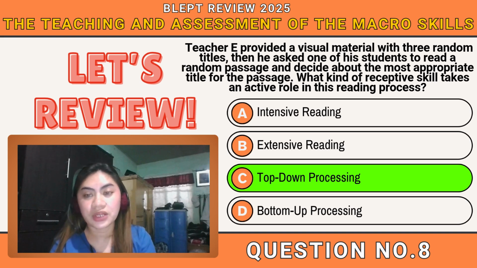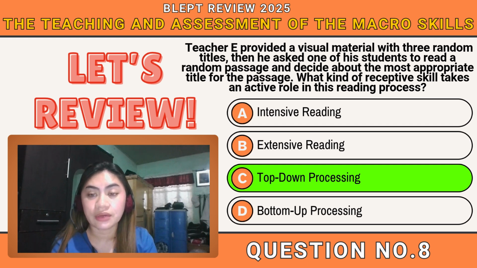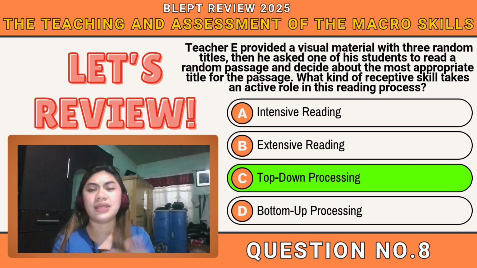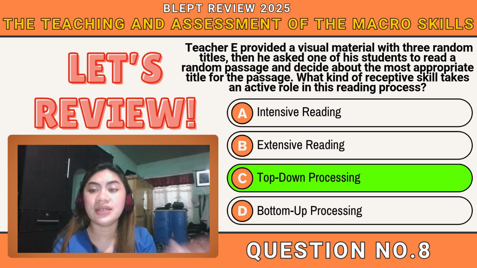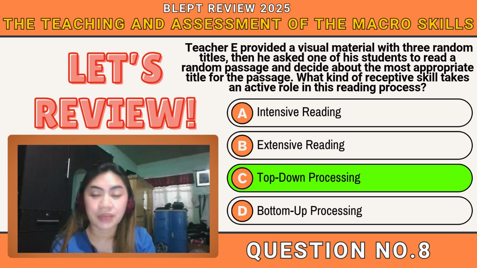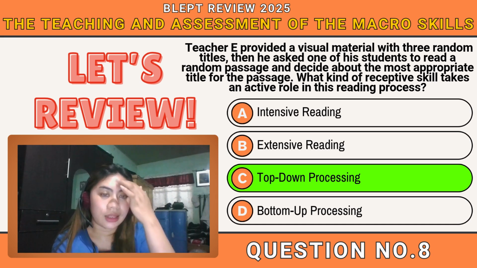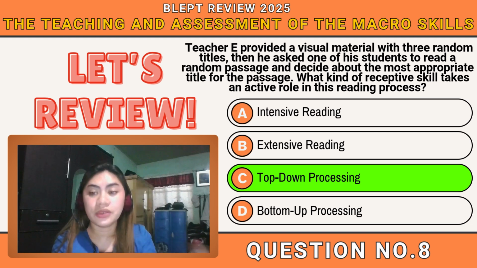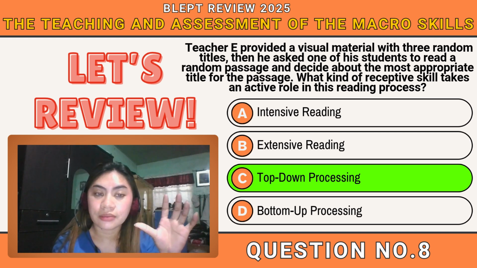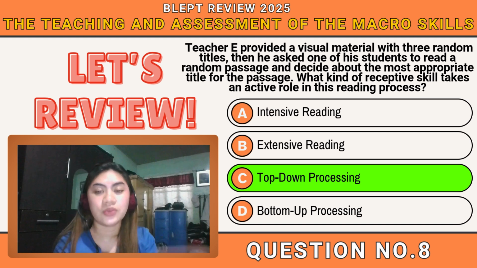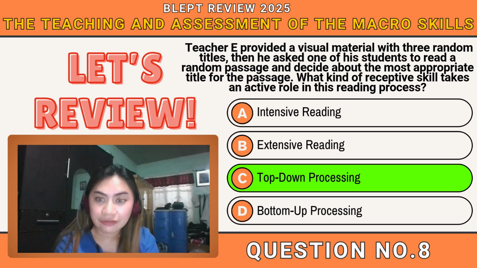In this situation, teacher E just provided a visual material with three random titles, and then he asked one of the students to read the passage and decide what is the most appropriate title for the passage. So this helped them immerse in the bigger picture of the passage rather than being specific.